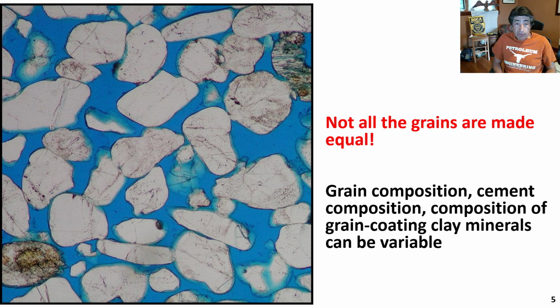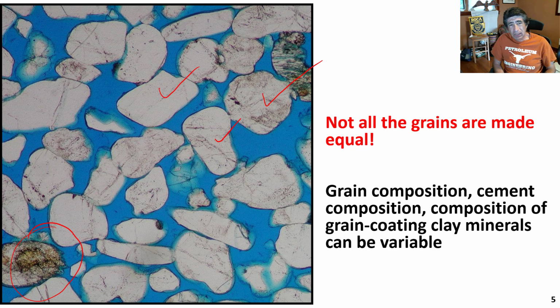And this is a pore scale photograph of a rock. What I want to point out is, yes, there are some rocks that have very homogeneous grain composition, maybe in the clastic domain when you have siliciclastic rocks. But there are many other rocks that do not have the same composition, or the grains do not have uniform composition.